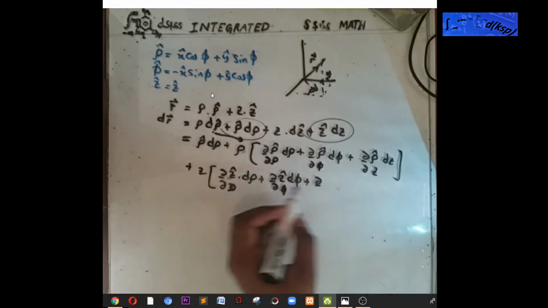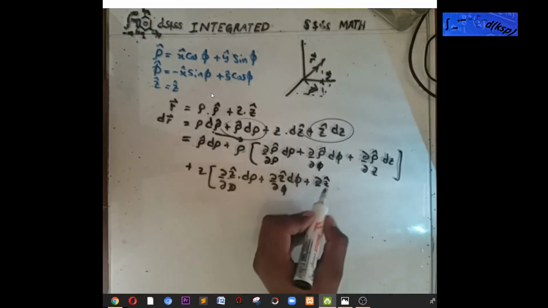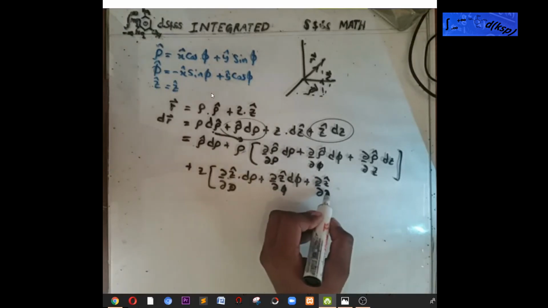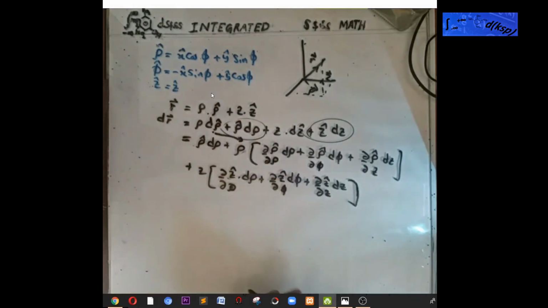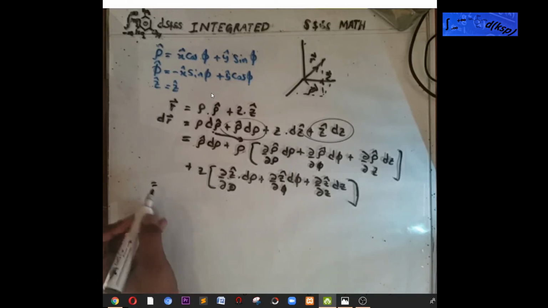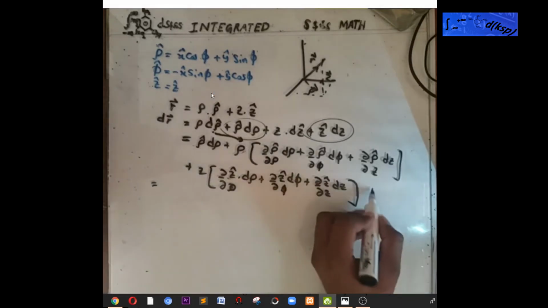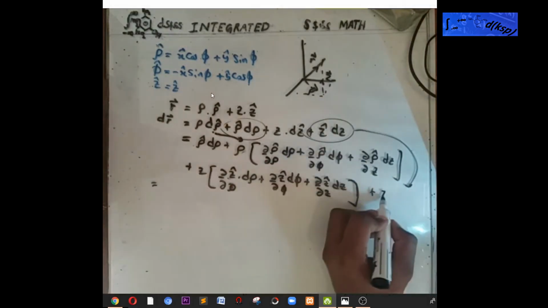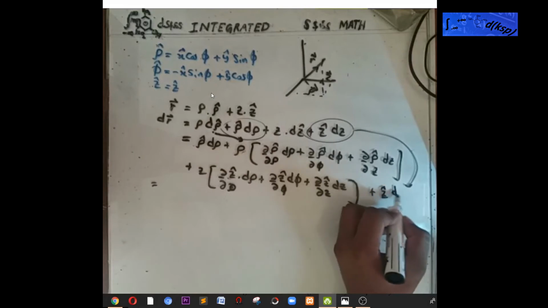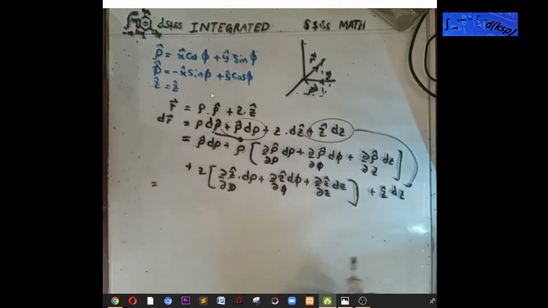What about these six terms? They are going to come into the rest of the terms. I put them here because this one is along the rho direction and this one is along the z direction.